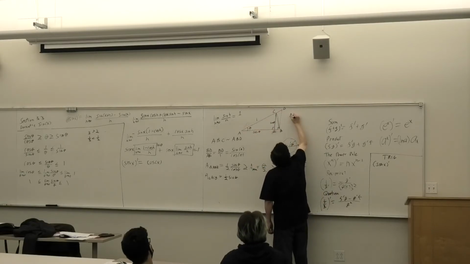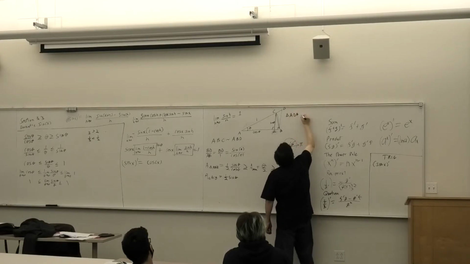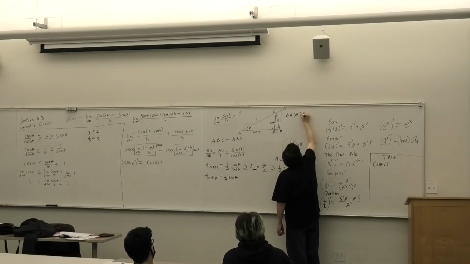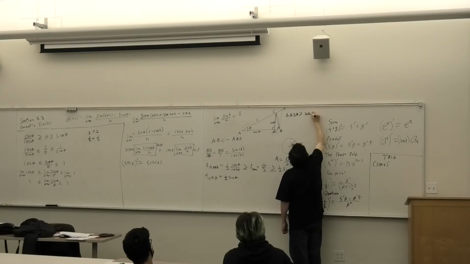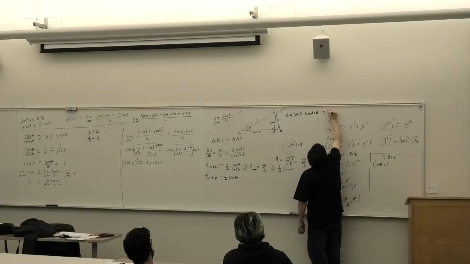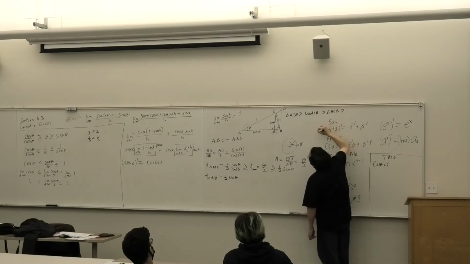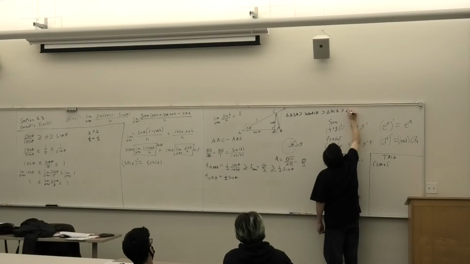We have triangle ADB, and you say it's greater than sector ACB, which is greater than triangle ACB, which is greater than triangle ACE.